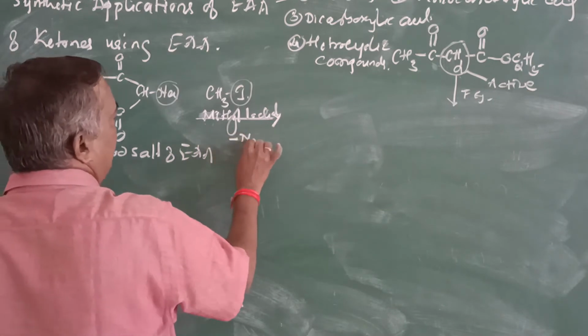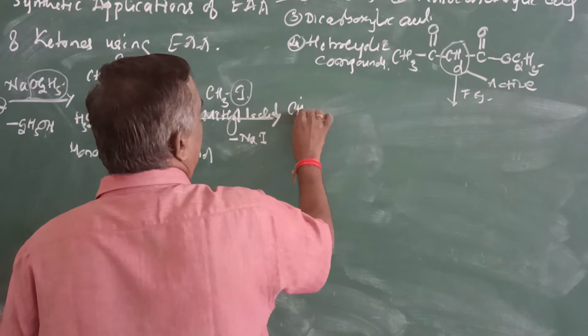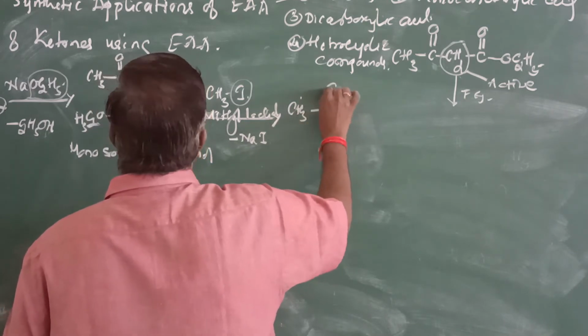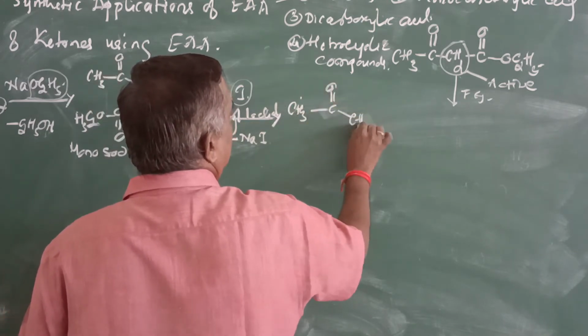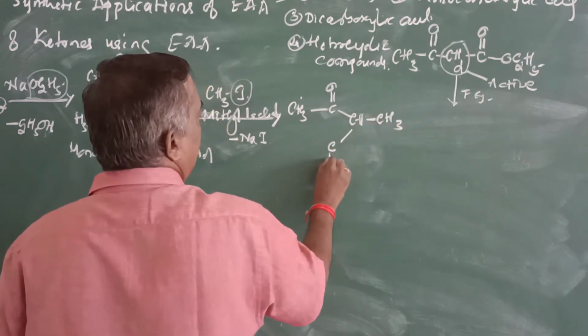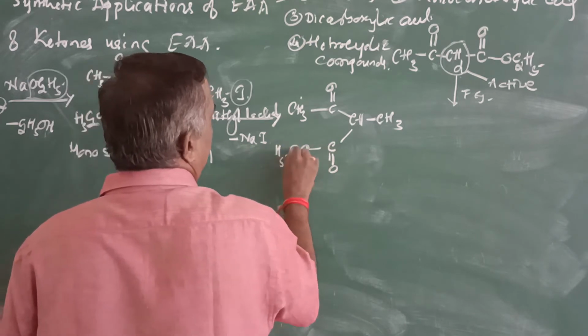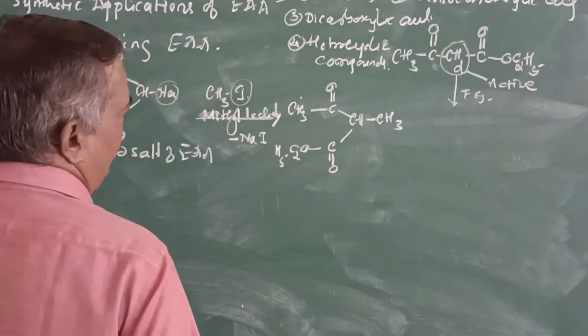That is NaI. And you will get CH3, CO, CH, CH3, C=O, OC2H5. That is a methyl group substitution that can take place.